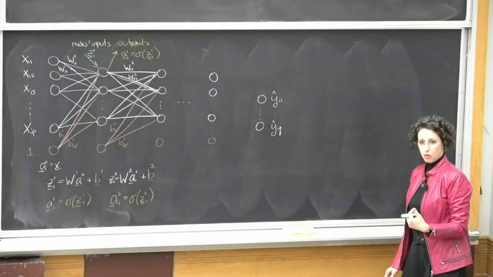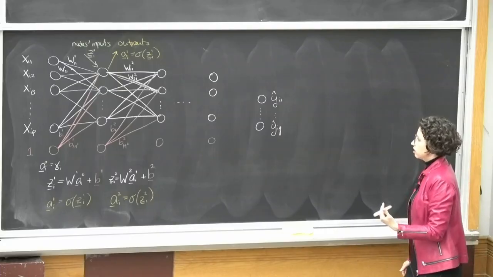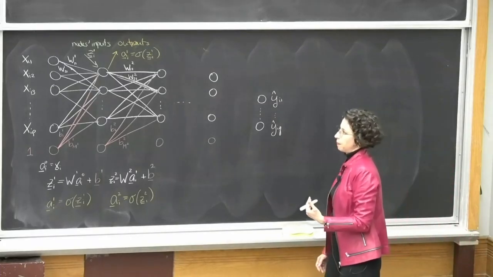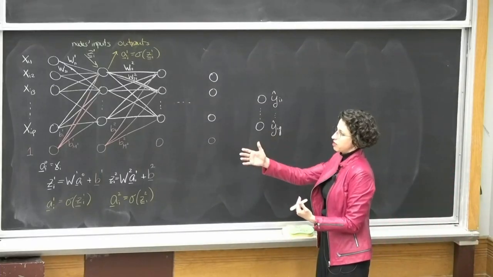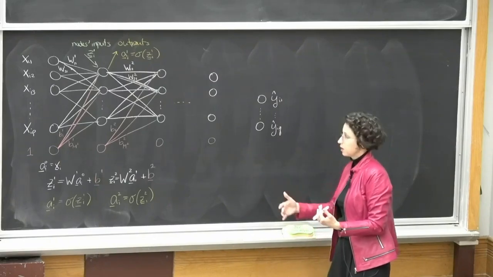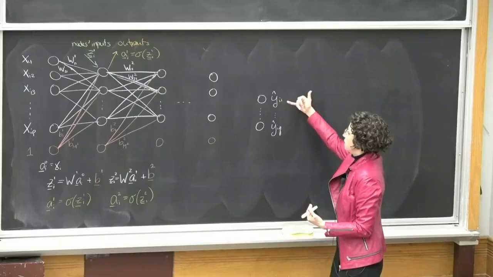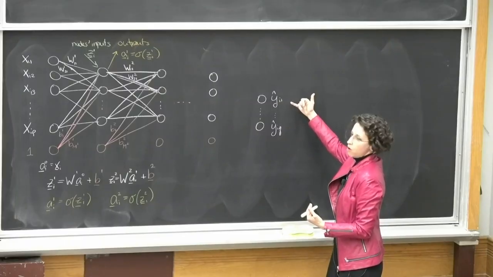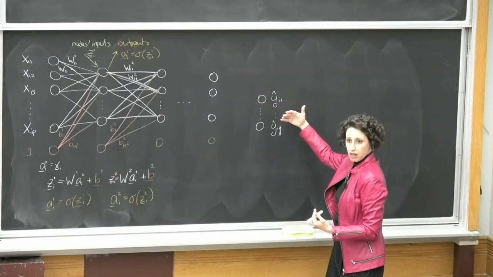We use multiple outputs here. For instance, if I wanted to think about my feature vector x as corresponding to, say, pixels in an image, then my outputs could be predictions of whether or not certain objects are in the image.